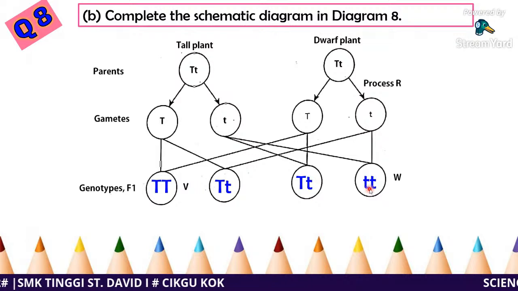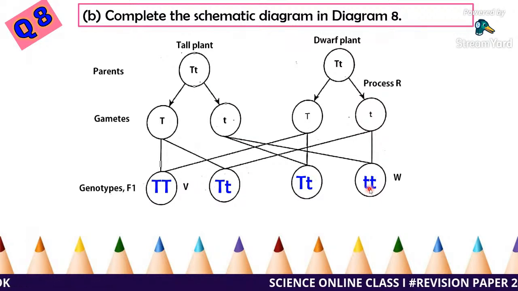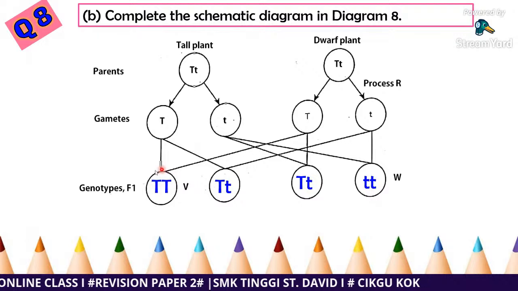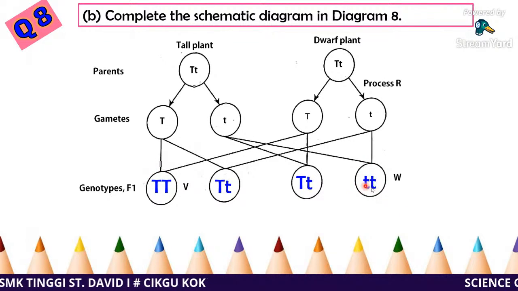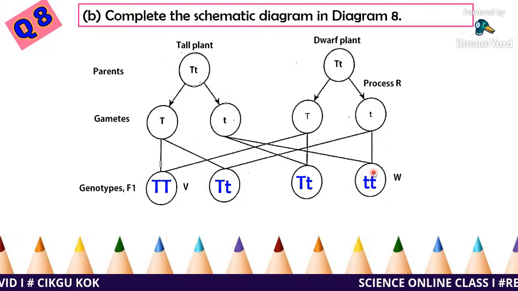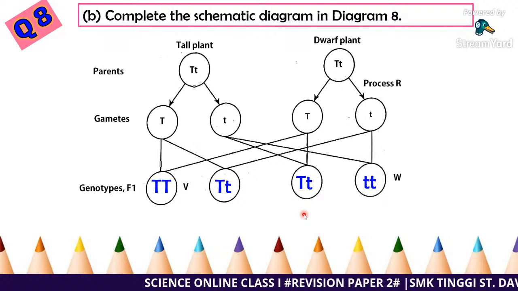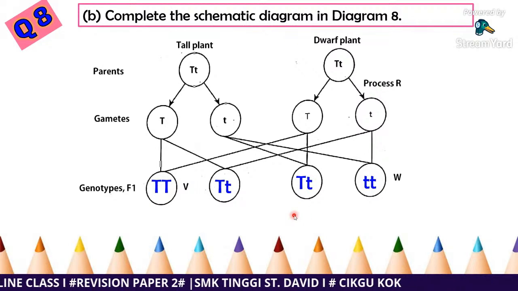Just answer me. Then when I crossbreed capital T dominant and also the recessive, both together, and cross, what is your percentage for the dwarf plant?